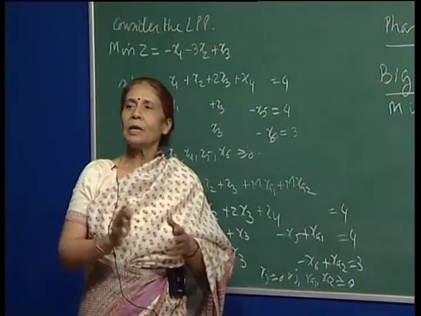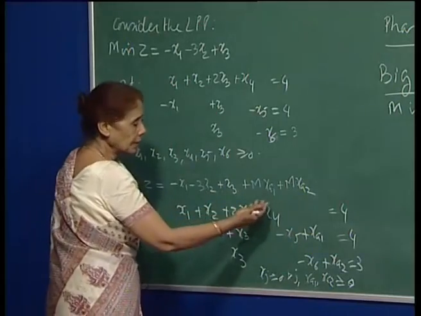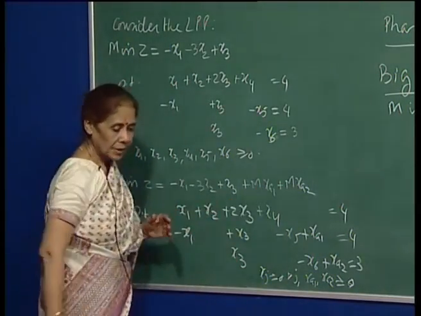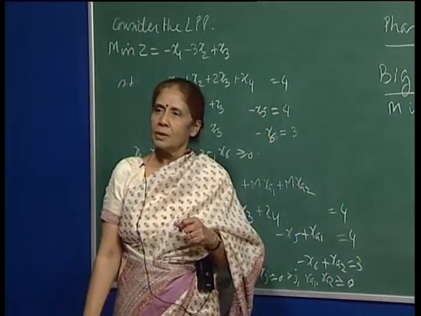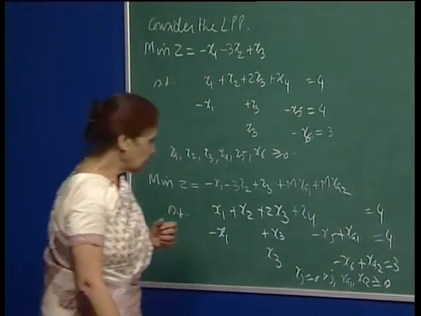It may remain the same in case of degeneracy, but otherwise it improves the value. So, hopefully, if there is a feasible solution to the original problem, these artificial variables should be driven out of the basis. So, we will start the algorithm here.